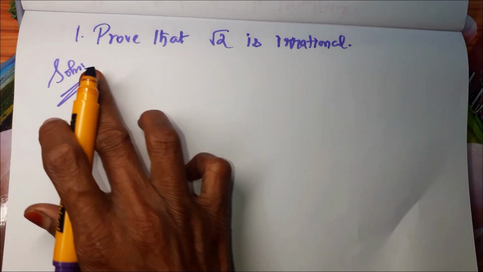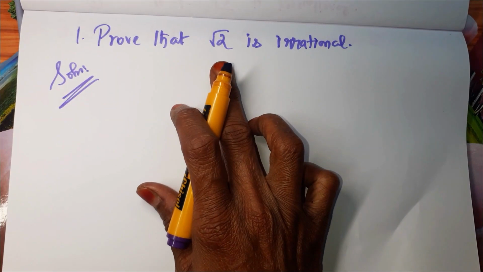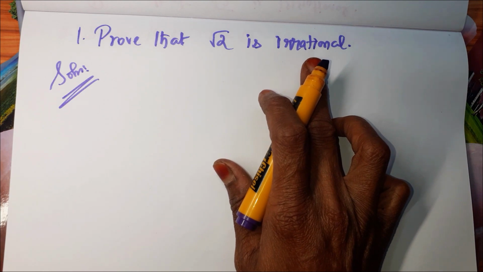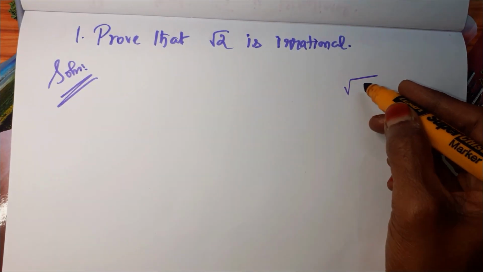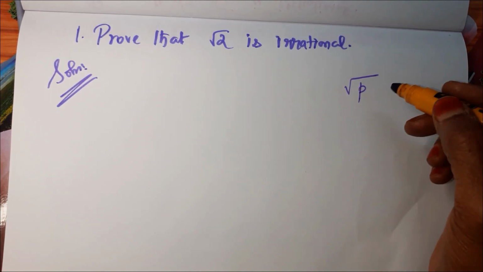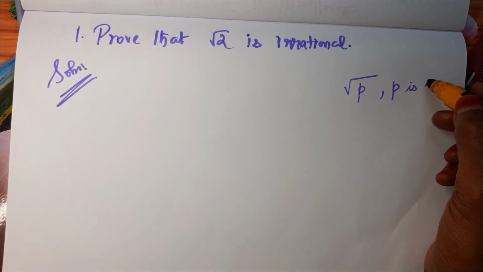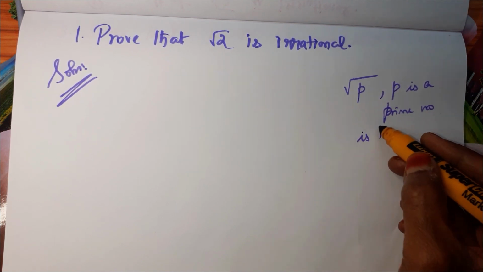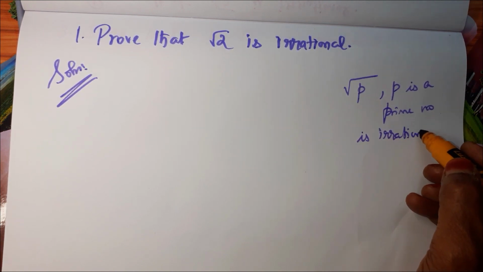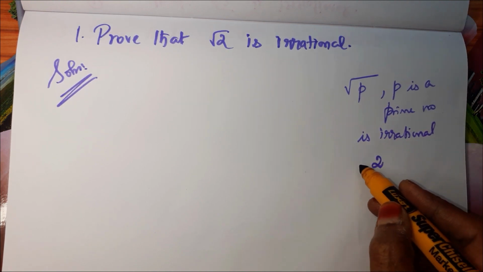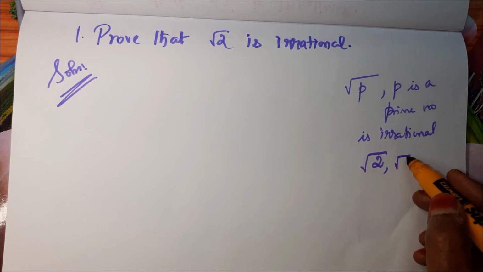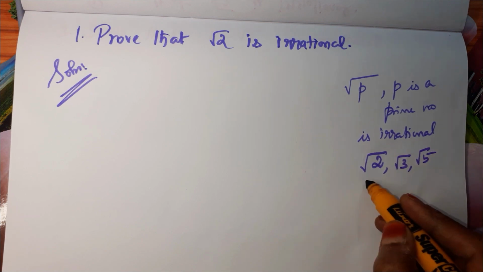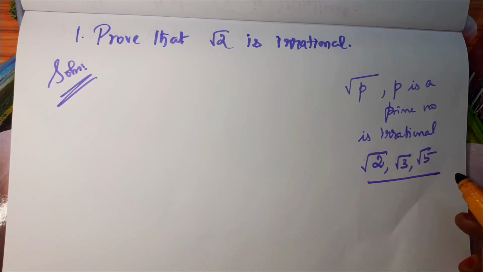The next problem we have is, we are going to prove root 2 is irrational. At the beginning itself, when I talked about the number system, I told that a number of the form root p, where p is a prime number, is irrational. 2 is a prime number, so root 2, root 3, root 5, all these numbers are irrational, but we have to prove it.